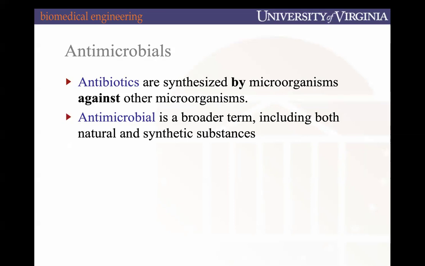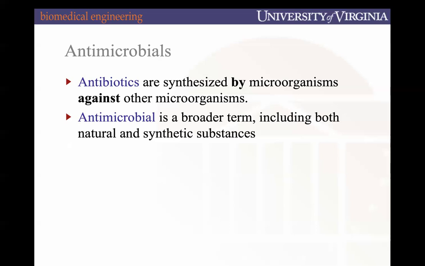What's key to note here is that usually with antimicrobials, the broader class can include both natural or synthetic substances. So there's a lot of times where these antimicrobials are identified in some sort of naturally occurring organism or within some unique specific plant.